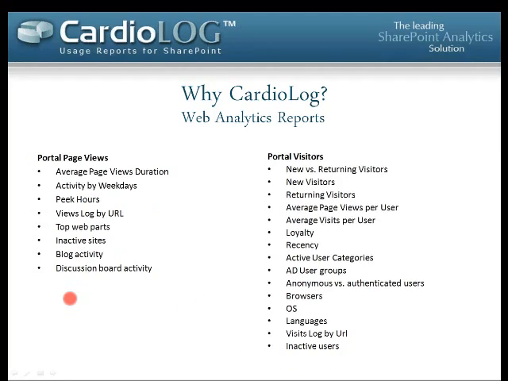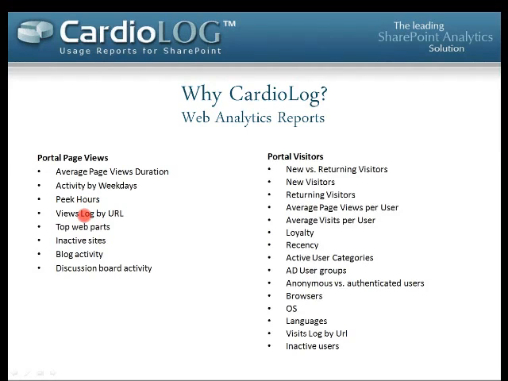The first category of reports is the portal page views, or the content reports. We give information about the average time, the average page views duration, the activity or the page views according to weekdays or in the peak hours for your portal.